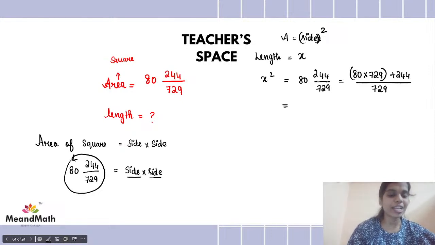Come on, multiply these values and give me the answer. What is 80 times 729? I'm waiting for your response.